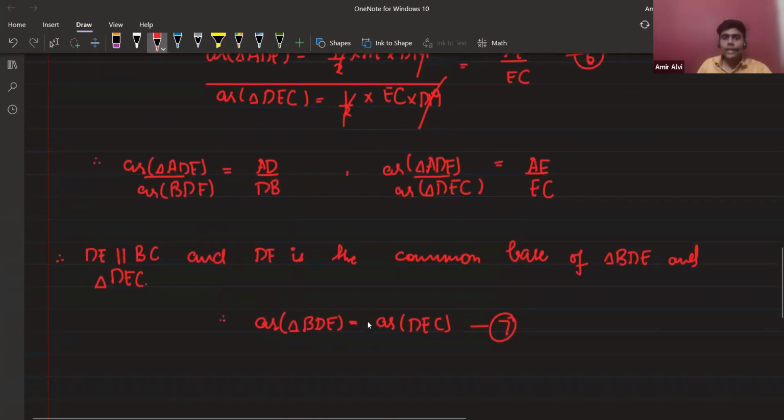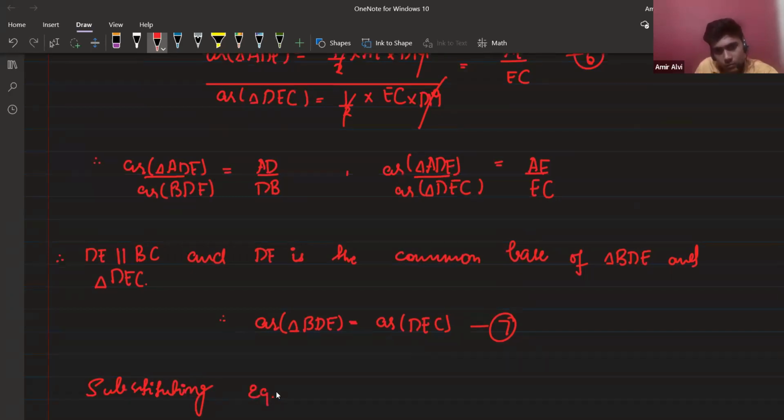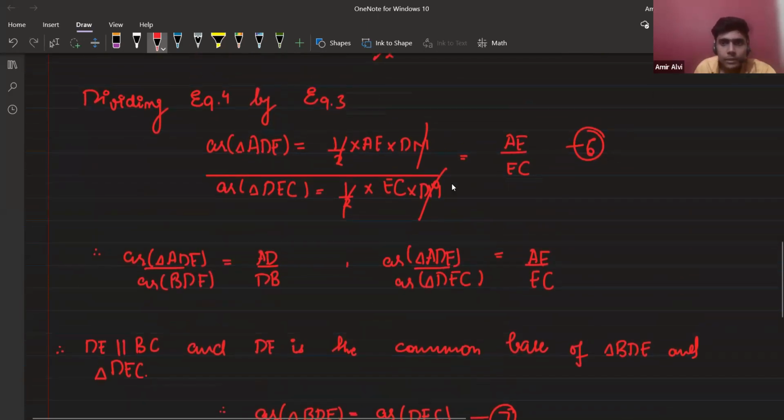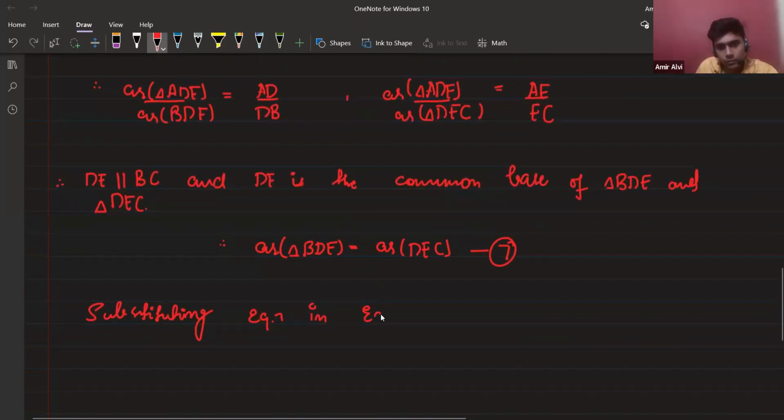Clear? Now Adil, tell me, if I have triangle BDE, can I write DEC here instead of BDE because both are equal? Yes. Okay, so substituting equation 7 in, what is the equation name? Equation 5. Just a second.